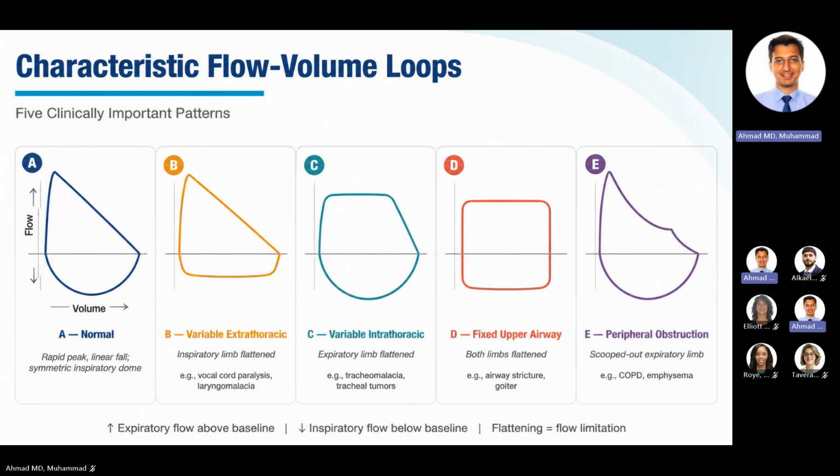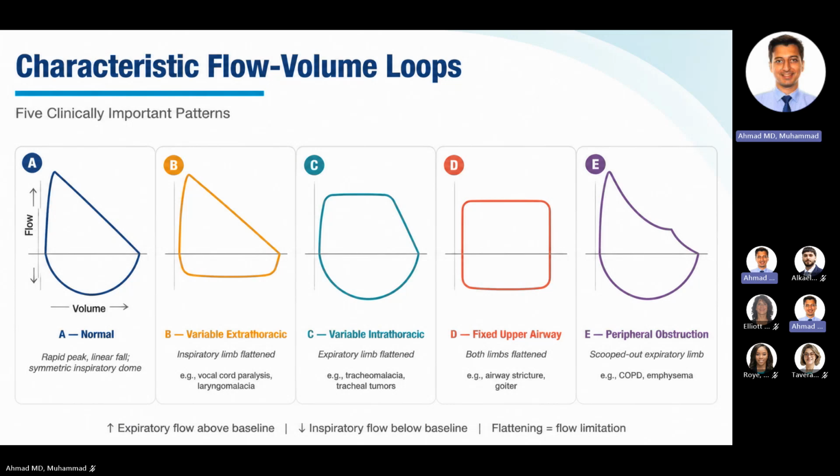In graph B, you can see a flattening of the inspiratory limb of the flow volume loop. When that happens, you suspect problems above and outside the thorax. Outside the thorax typically are the vocal cords and the larynx. So vocal cord paralysis and laryngomalacia can produce a variable extrathoracic airway obstruction.